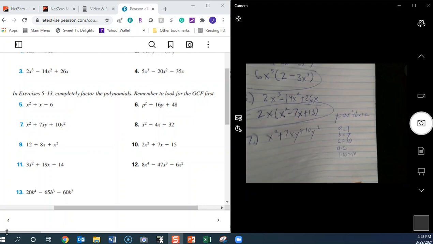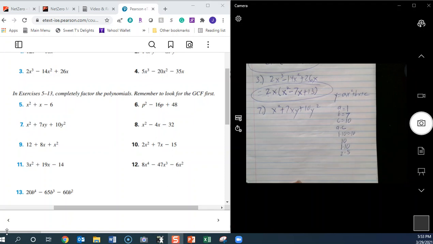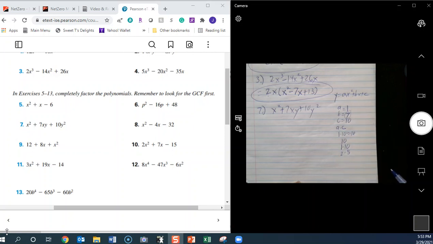Now we take the factors of 10. The factors of 10 are 1 and 10 and 2 and 5. So now we ask ourselves, what two values of these factors multiplied together would give you 10, but added together would give you what our B is equal to.